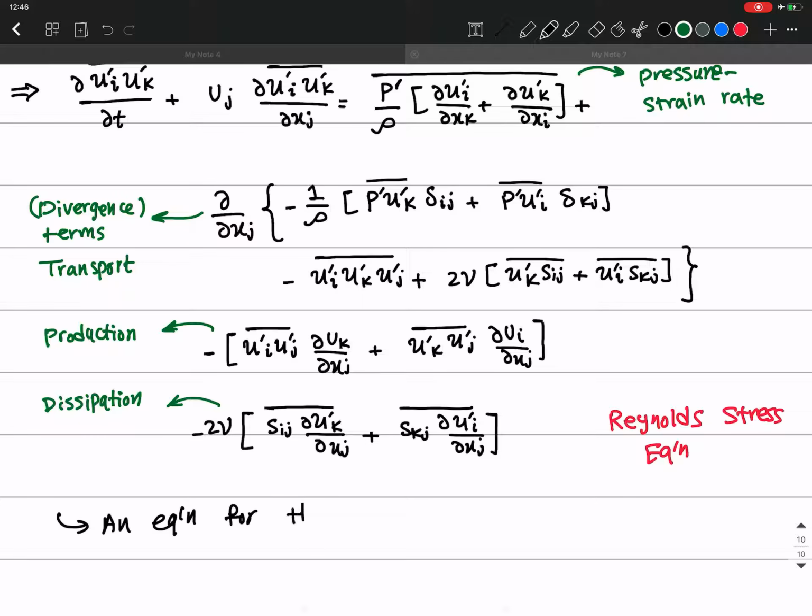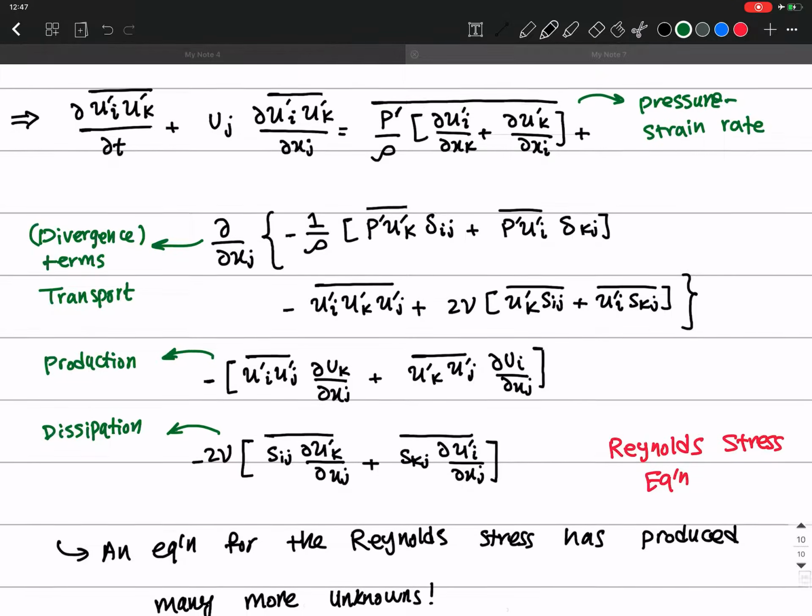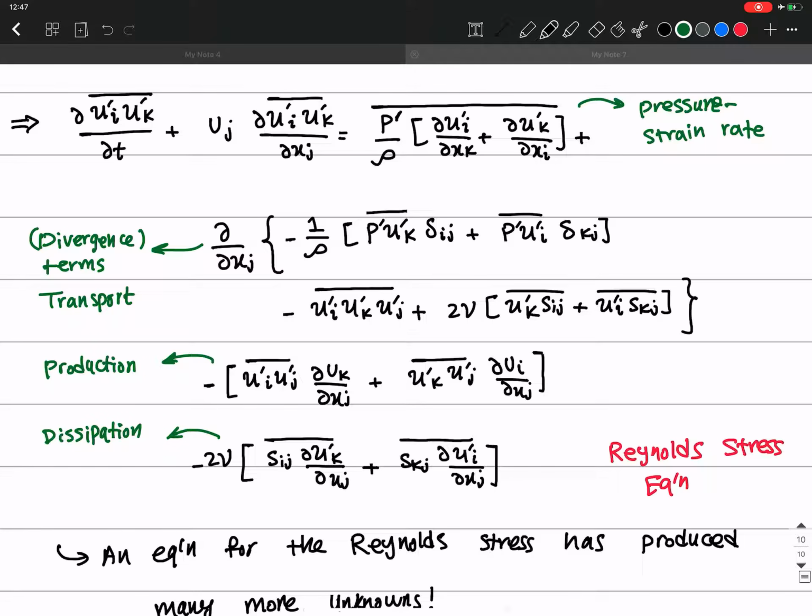So by trying to do that, we found an equation for Reynolds stress, but it has produced many more unknowns. We tried to find an equation for that, but it led to more unknowns that we cannot find.